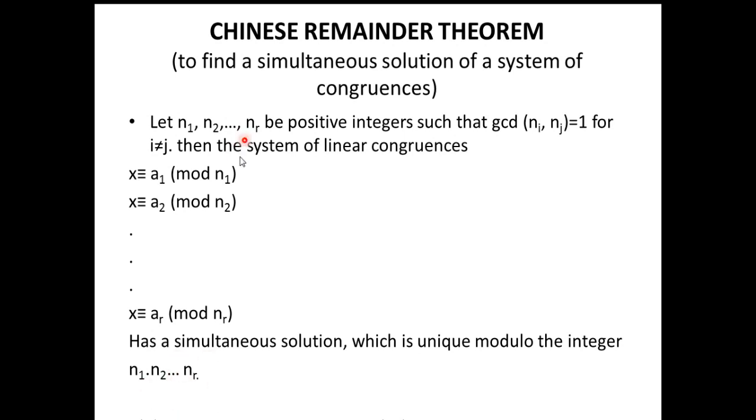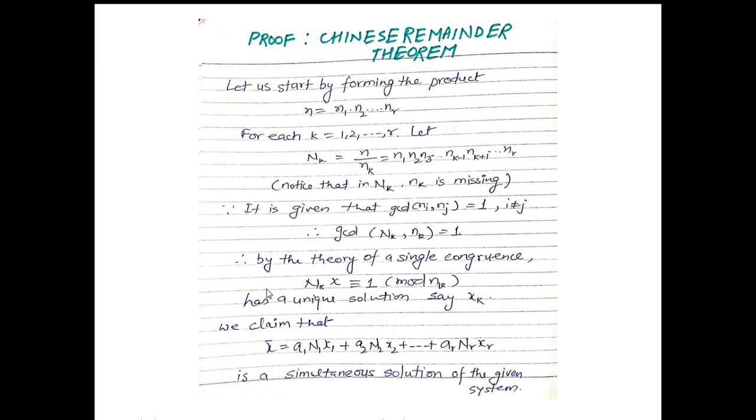So if we have a system of linear congruences, we can find the solution of this system with the help of the Chinese remainder theorem. Let us try to prove the Chinese remainder theorem. We want to prove this theorem because the steps which we use in the proof will be used in the solution of questions also.